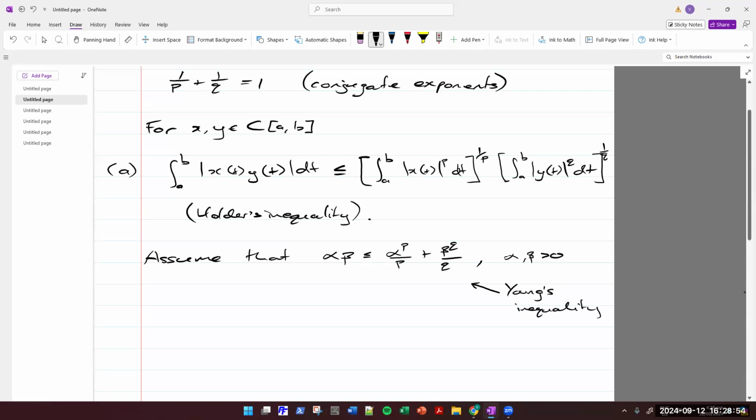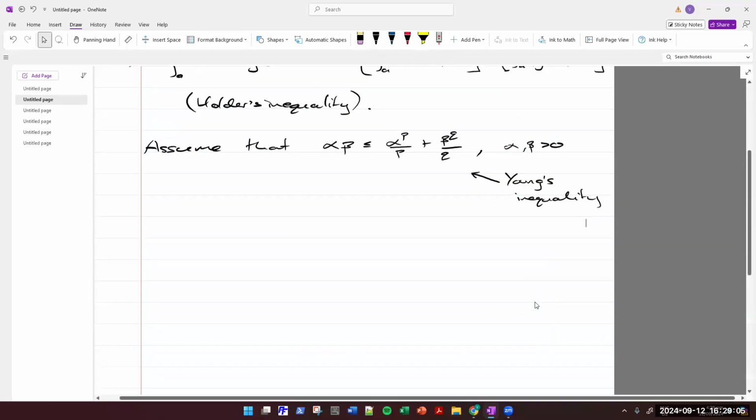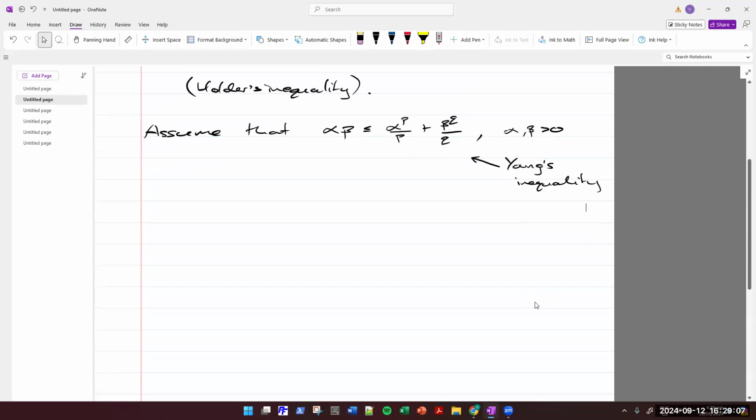And of course in functional analysis, you will have to start there. You will have to prove Young's inequality, then Holder's, then Minkowski's. But we'll assume that we know Young's and let's try to prove Holder's first. Actually, if we know Young's, Holder's is pretty straightforward.